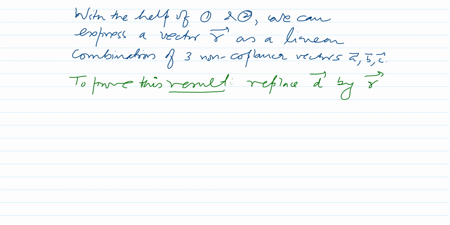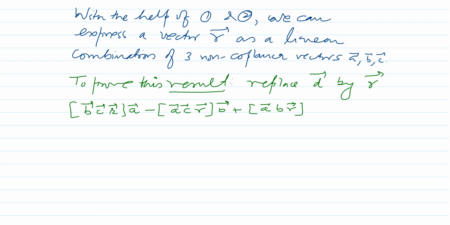So we can write these two results as BCR multiplied by the vector A minus scalar triple product of ACR multiplied by B plus ABR, scalar triple product of ABR multiplied by C minus scalar triple product of ABC multiplied by R is equal to 0.